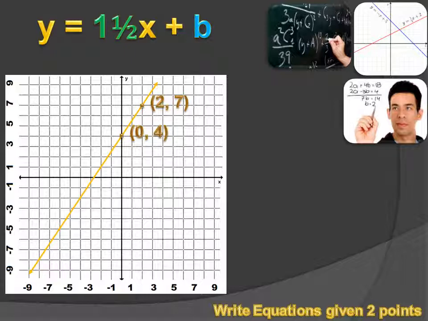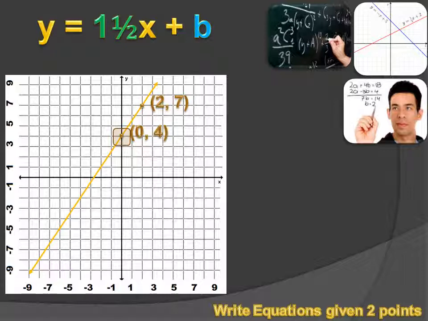B is the y-intercept. B is where the line crosses the y-axis. And we can see that it crosses the y-axis right about there. That's the y-intercept. And you should remember that at the y-intercept, the x value is going to be 0.